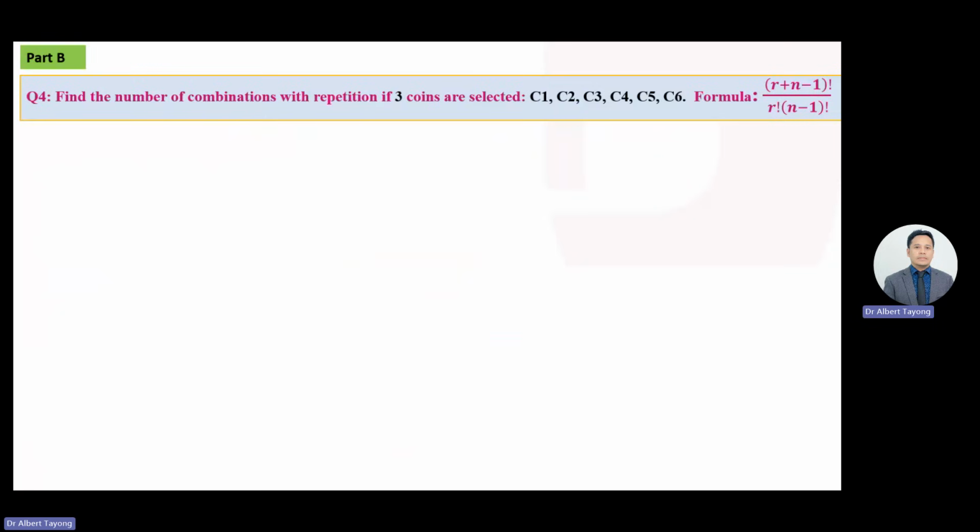Here you're going to find the number of combinations with repetition if 3 coins are selected. When we talk about combination of coins, this is an example of combination with repetition. Why combination with repetition?